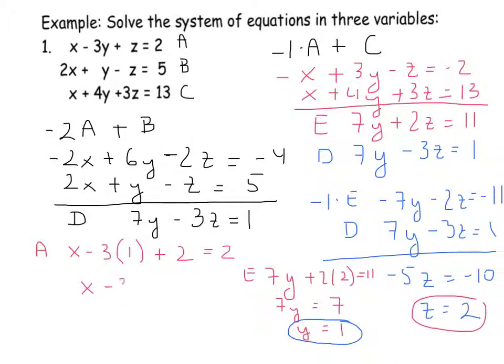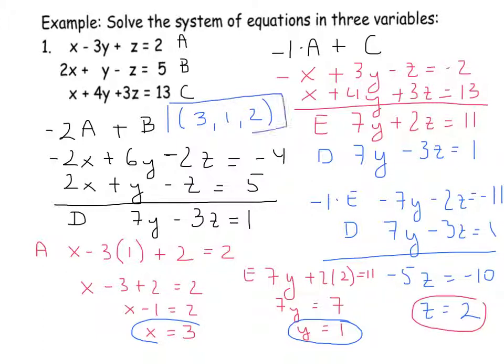So x minus 3 plus 2 equals 2. x minus 1 equals 2. And x will equal 3. So I just found my third coordinate of my ordered triple. So the solution to this system can be written as (3, 1, 2). So this is going to be our final answer to the system.